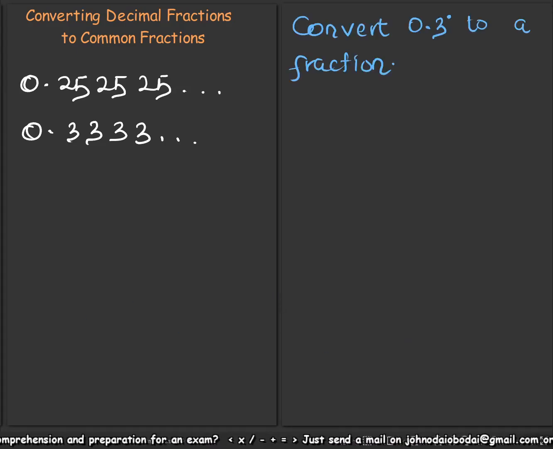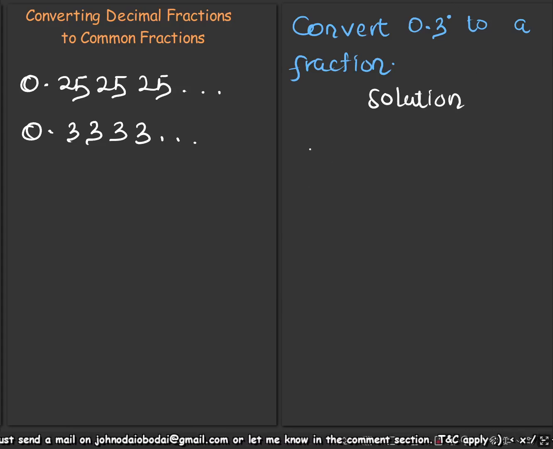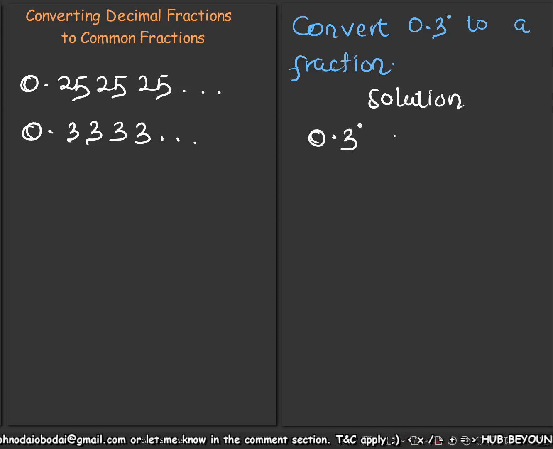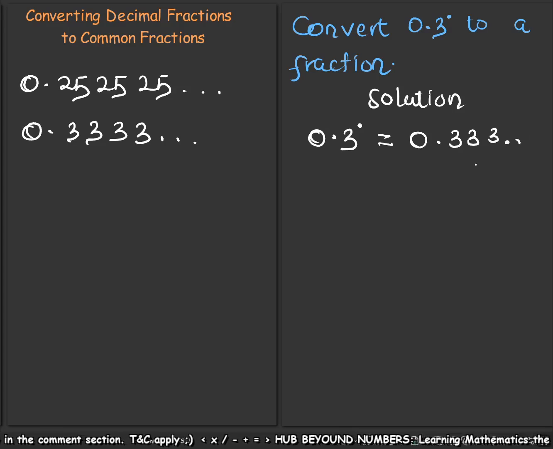In this first example, we have to convert 0.3 repeating. You see the sign here, it means it is repeating. So we have to convert 0.3333 into a fraction. It goes on and on, a recurring decimal.